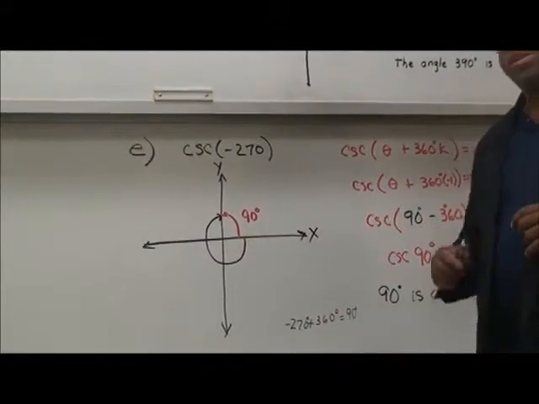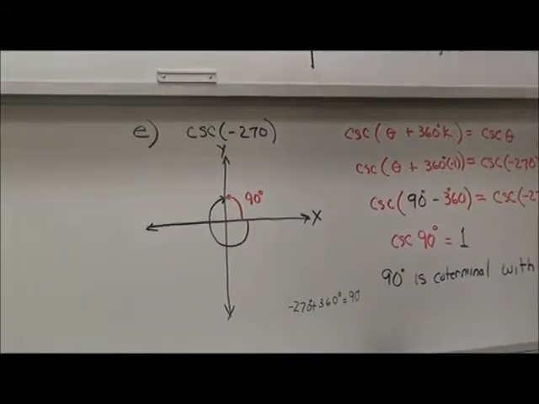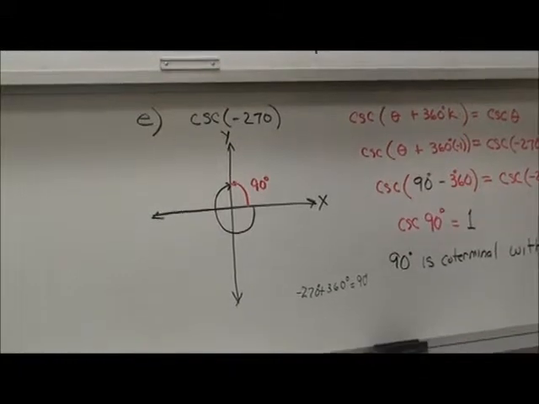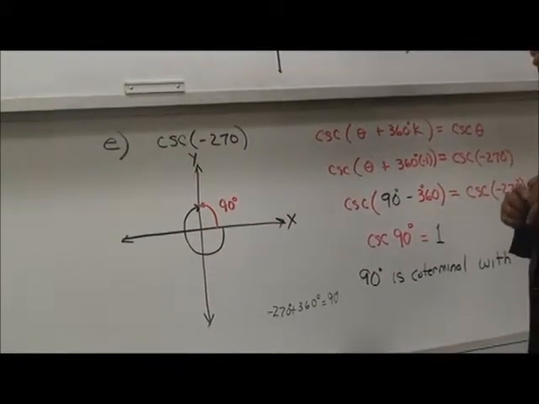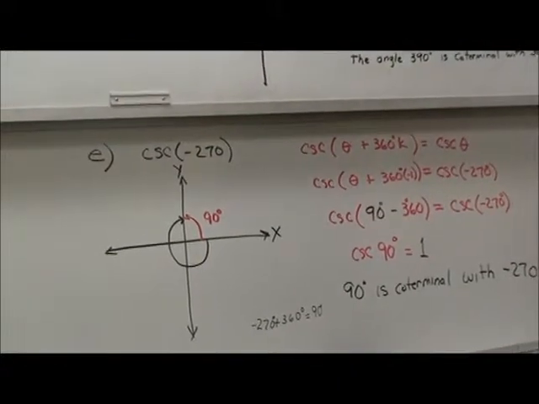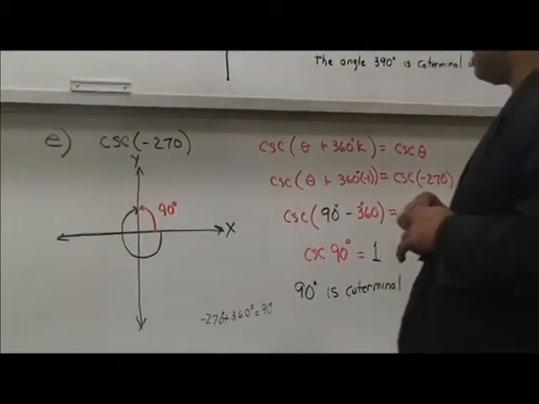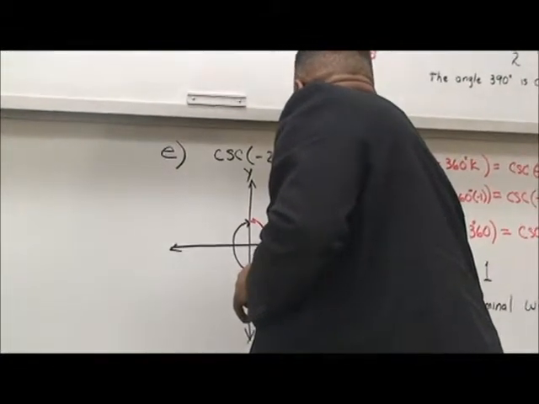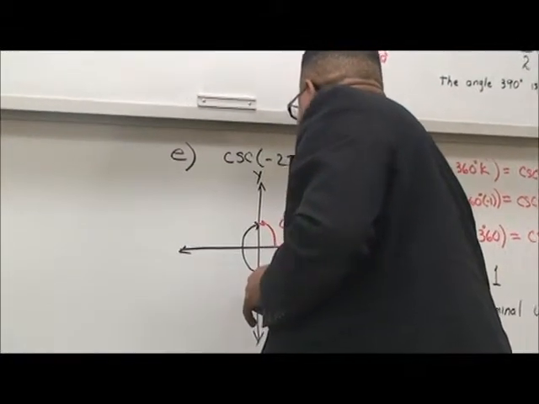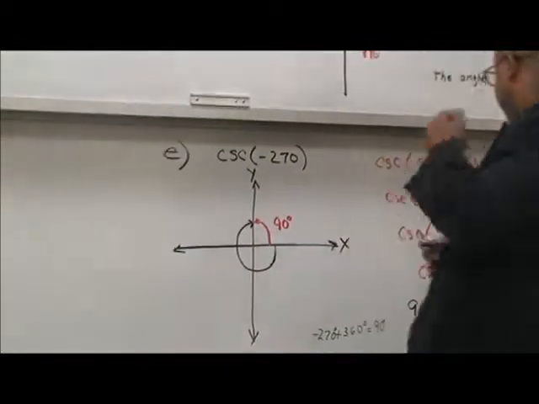So should we do another problem? We'll do another problem for you. Cosecant of -270 degrees. What do we have? Basically, we draw from this point here, and we're going to be traveling in a clockwise direction because it's negative.